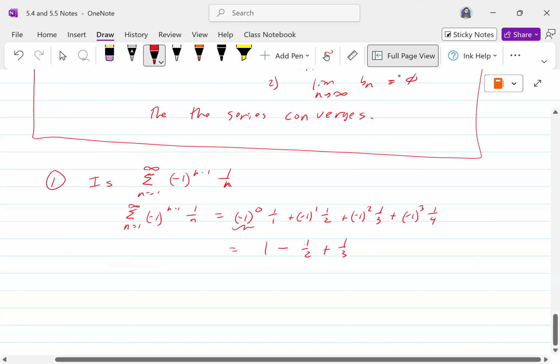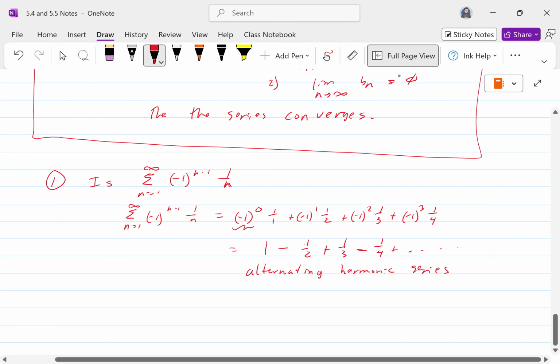That's an odd power, so that's going to be negative. And so this thing alternates. This is the alternating harmonic series.